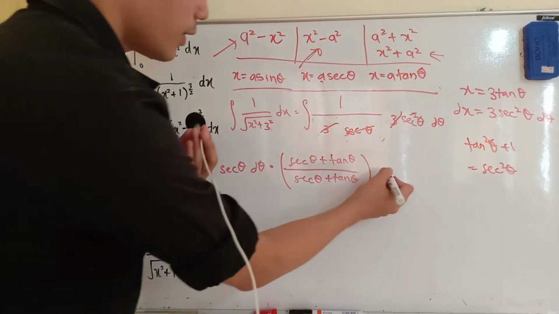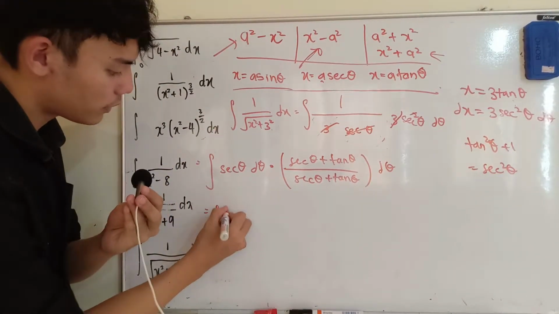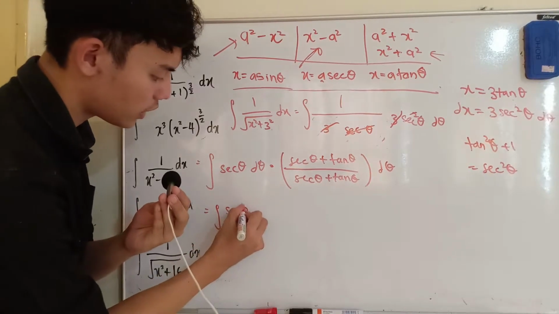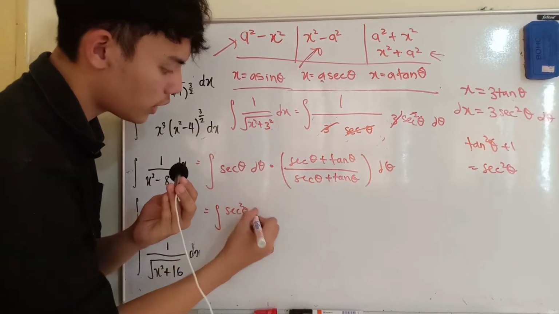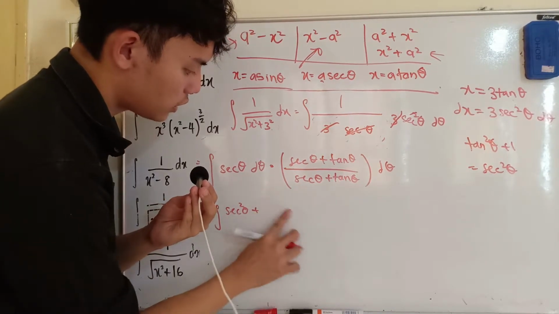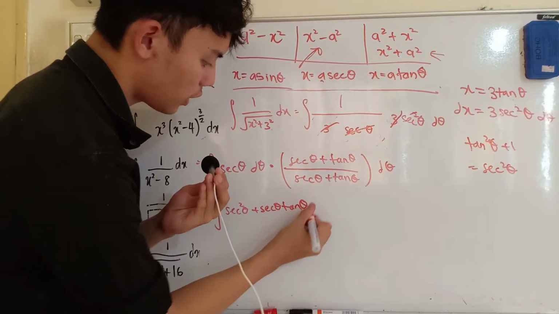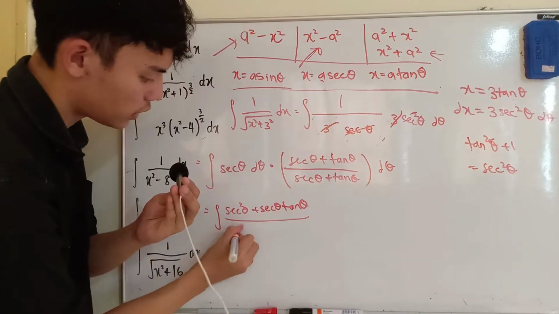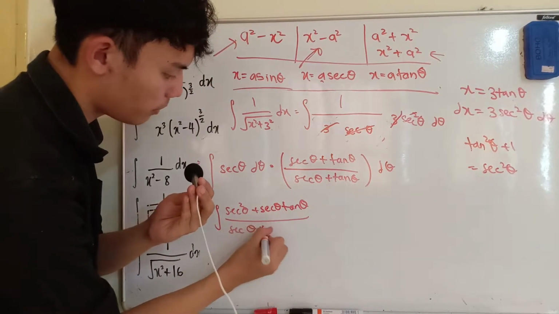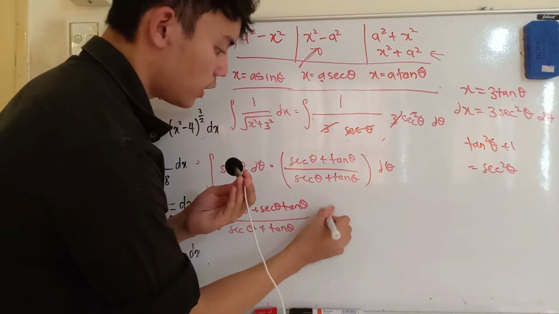Okay, so here it's going to be d theta. So you're just going to expand it: secant theta, secant square theta, tangent square theta, tangent theta secant theta, over secant theta plus tangent theta, d theta.